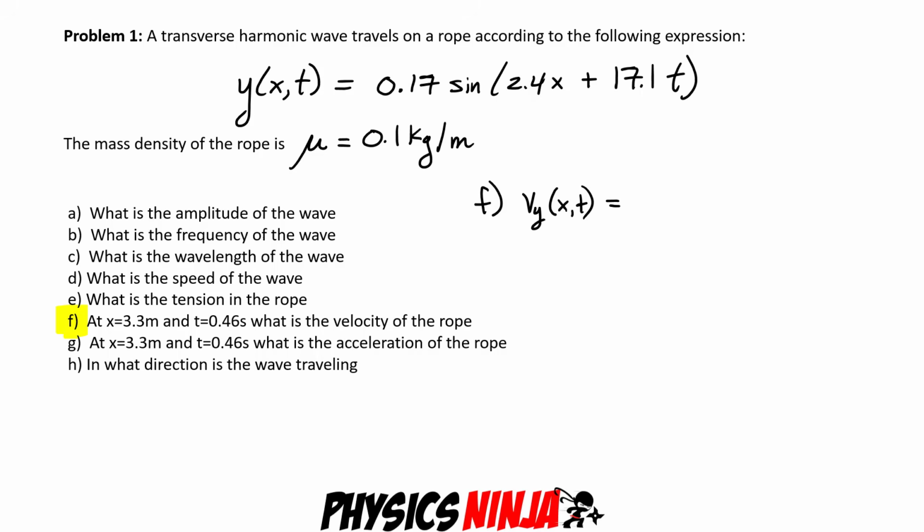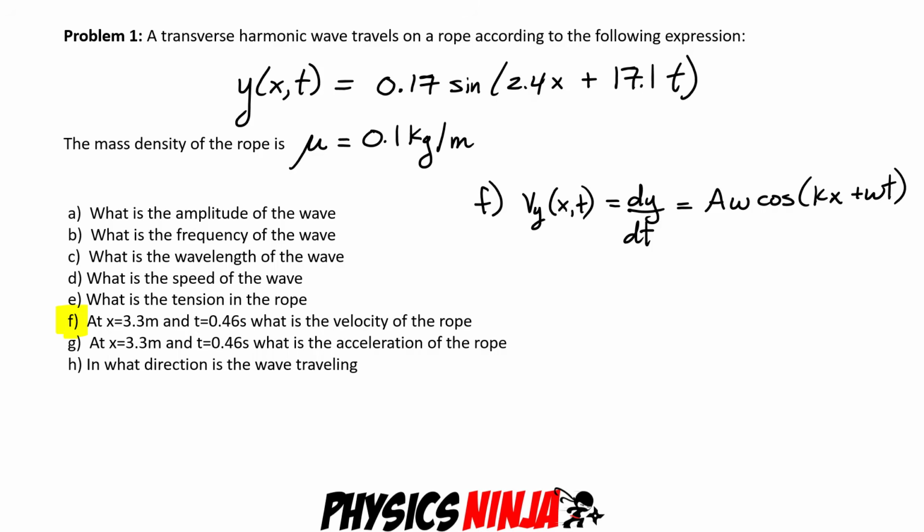So what you have to do is differentiate this with respect to time. If I take the derivative with respect to time, if you remember the general expression, there's an omega that will come out of the expression. So you're going to have A omega, and the sine switches to cos of kx plus omega t.